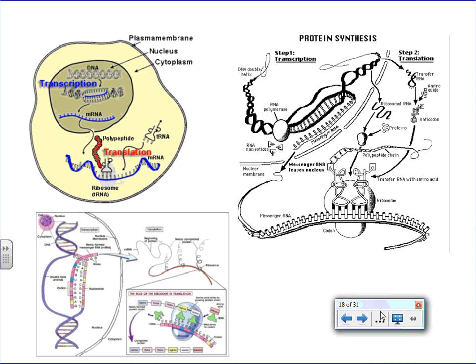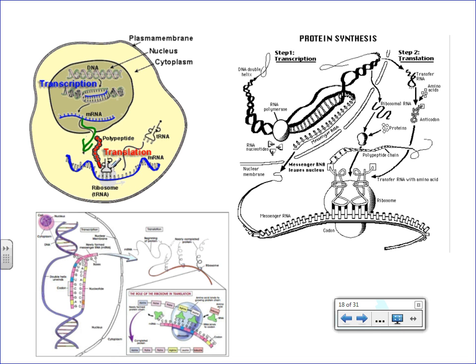If you look, remember, transcription happens in the nucleus, where DNA is transcribed to give you messenger RNA, which is single-stranded and small. You've done this drawing before. It leaves the nucleus, goes out into the cytoplasm, and the ribosome goes onto it to read it.